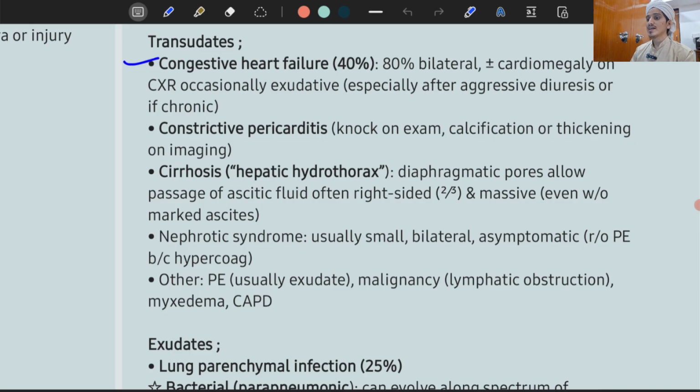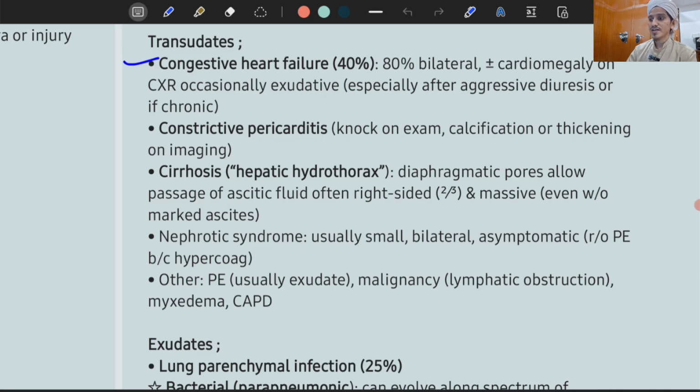Associated cardiomegaly on chest X-ray is a clue that it may be due to a cardiac cause. If you want to confirm, you just give furosemide, and after furosemide, if the pulmonary edema is resolving, then the pleural effusion is usually due to cardiac failure. So that's how you confirm whether it is due to cardiac failure or not.